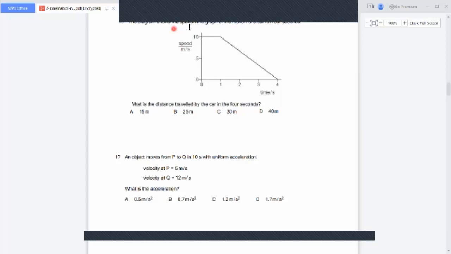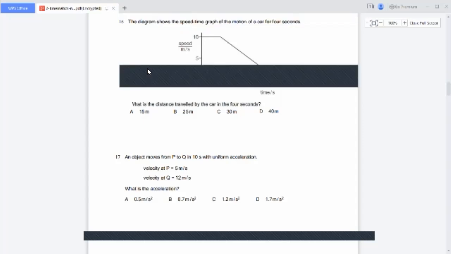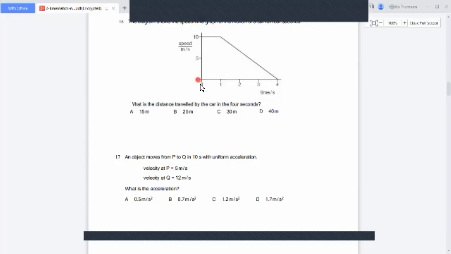The diagram shows the speed time graph of motion of a car for 4 seconds. So you can see 0, 1, 2, 3 and 4. These are the 4 seconds, and this is the speed of the object. What is the distance traveled by the car in 4 seconds? There are two possibilities.